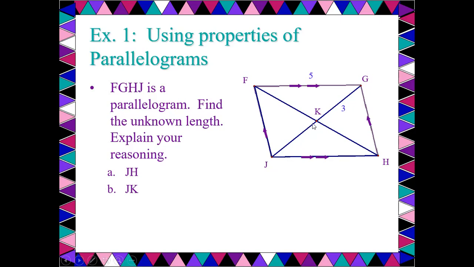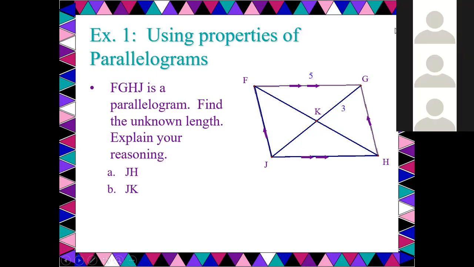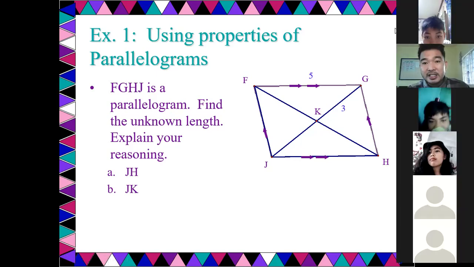How about JK? Ito, fresh na fresh pa lang to. Explain ko pa lang tungkol sa diagonal. Si GK daw, ang measurement niya ay 3. So si JK, ano ngayon ang magiging measurement niya? Sige nga, can I see your answers sa ating group chat?